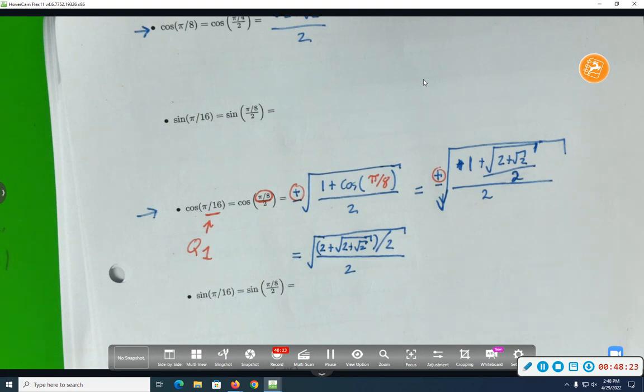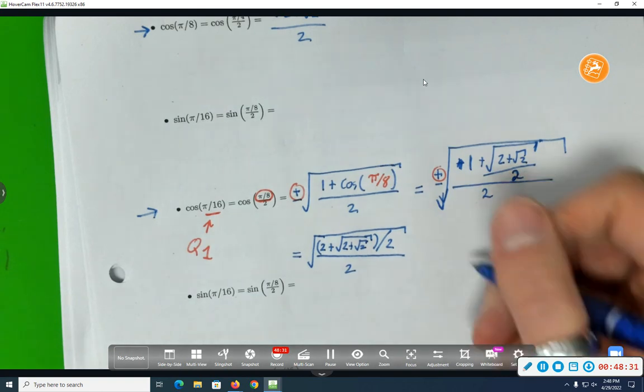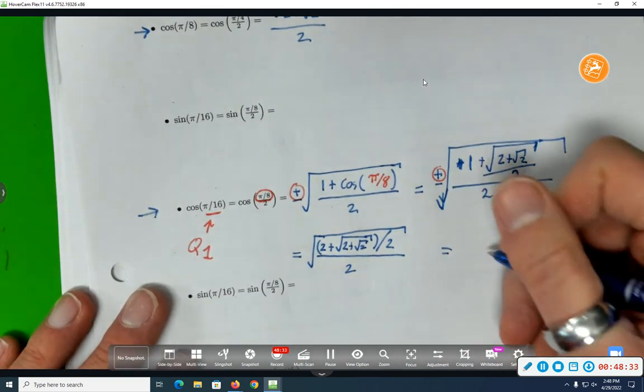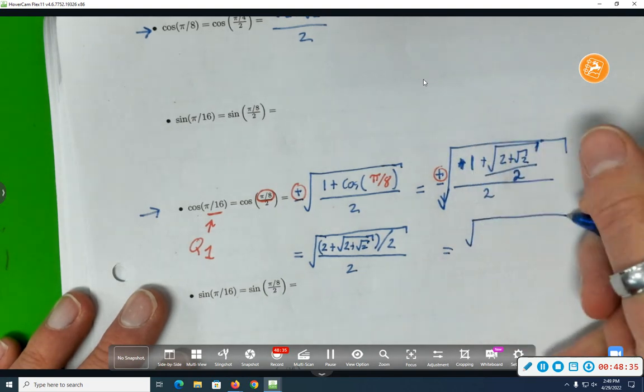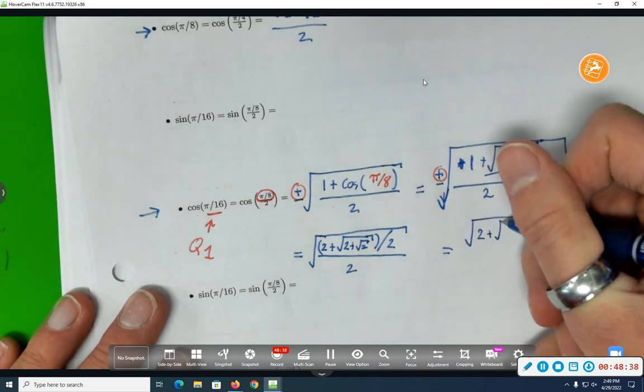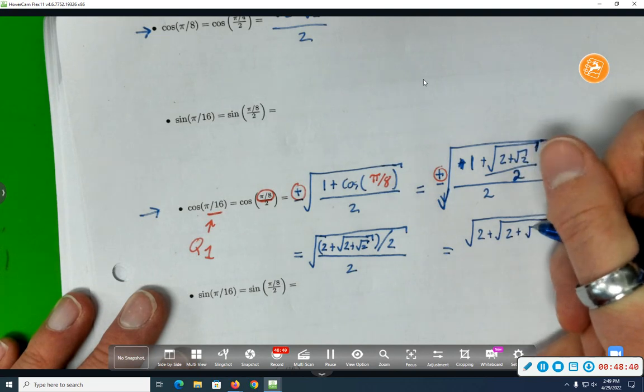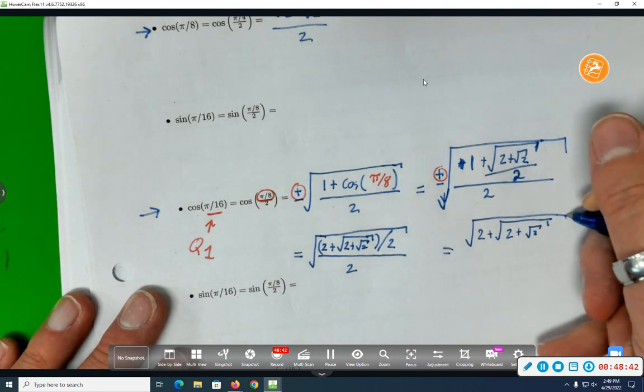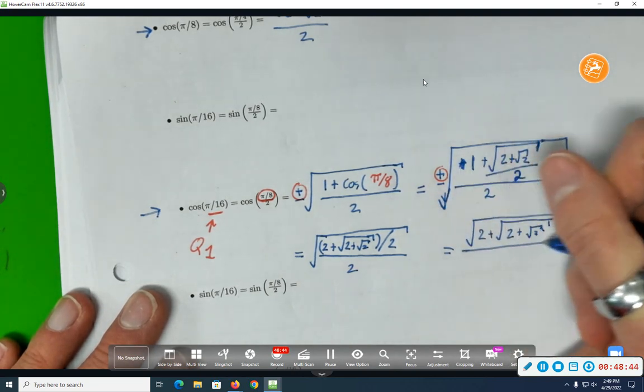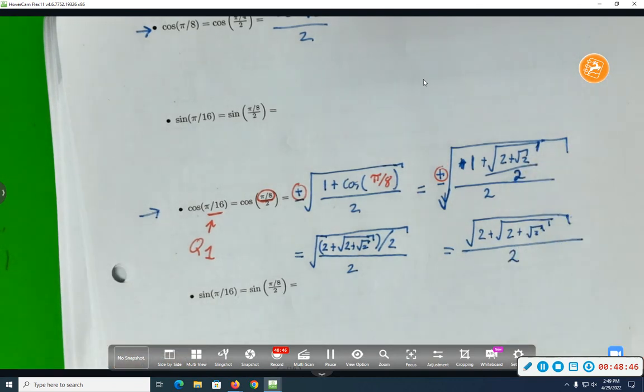And what's the square root of 4? 2. Oh, neat. So I can do the same stuff as I've done like 5 times today now. Giving me the cosine of pi over 16 being the square root of 2 plus the square root of 2 plus the square root of 2, divided by 2. Well, that's kind of a neat pattern that's showing up.